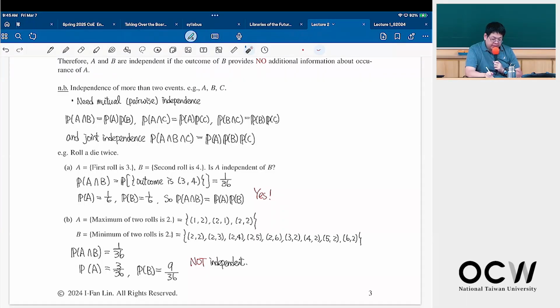But for the second example, the minimum of the 2 rolls is 2 and the maximum of the 2 rolls is 2, these really depend on each other, because when you roll the die twice, the first roll and the second roll really affect both. So they are not independent.